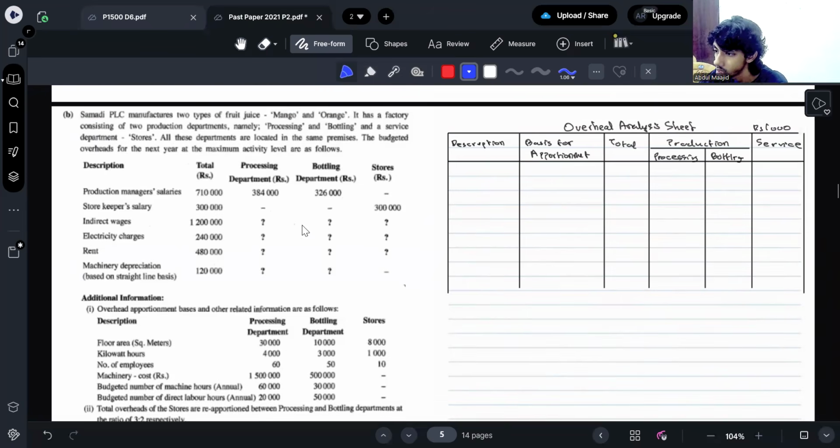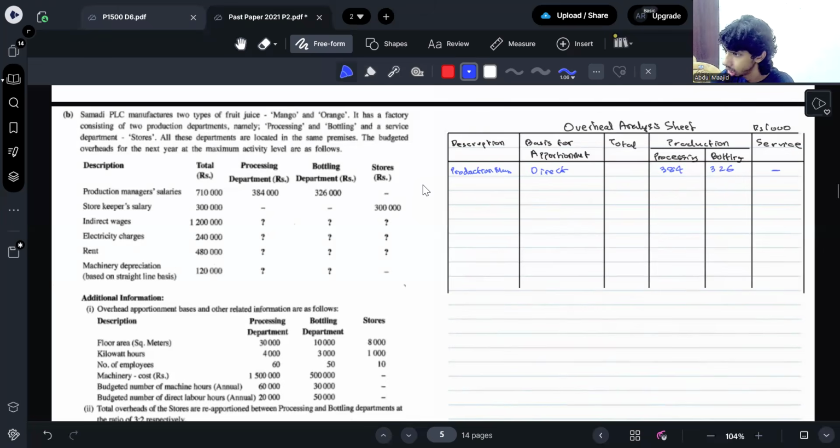Okay, they have given some budgeted overhead, so we can record it. Production manager salary. They have directly given the amount. You can say direct or allocation. 384 for processing department, 326 for bottling department, service department 0.